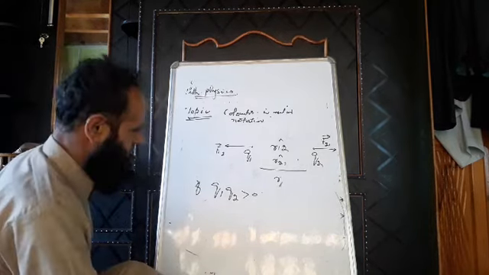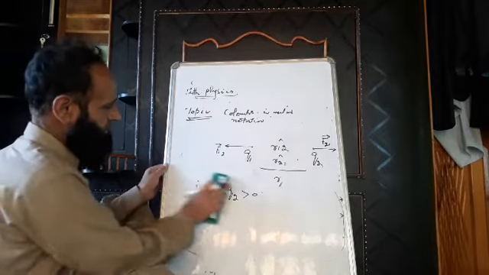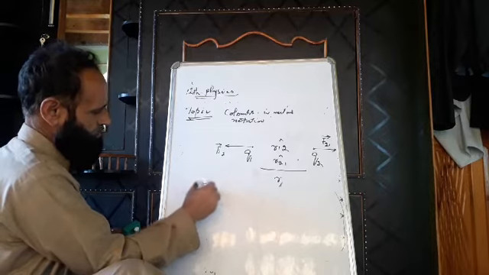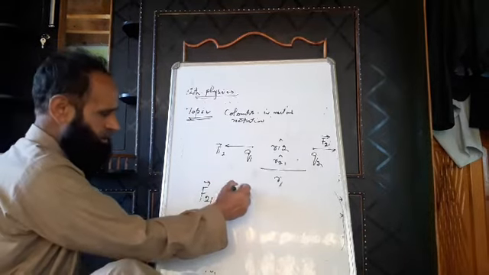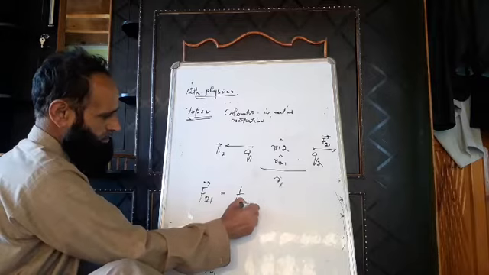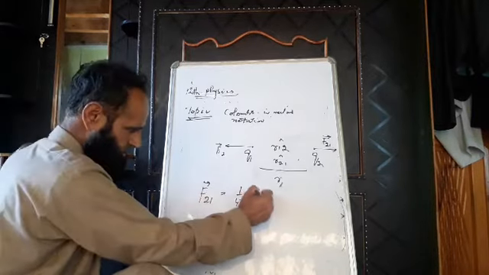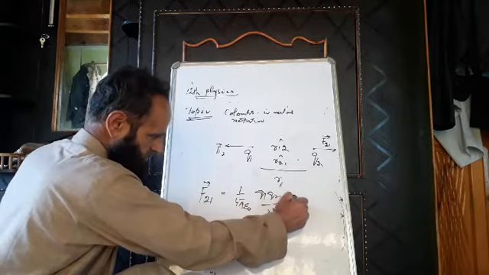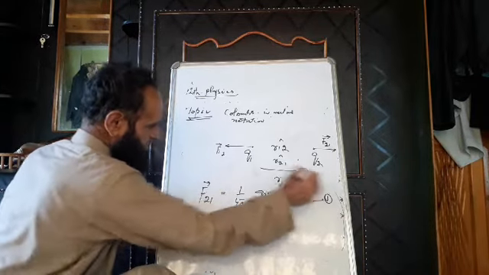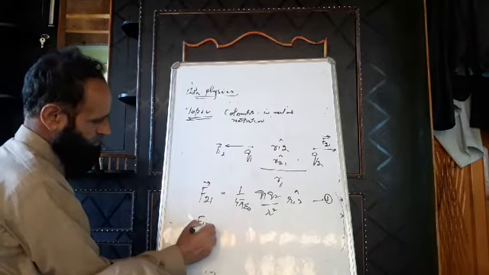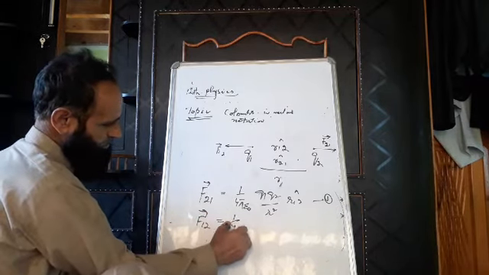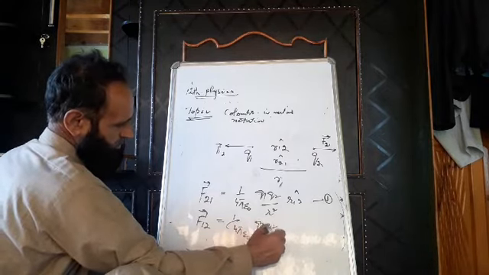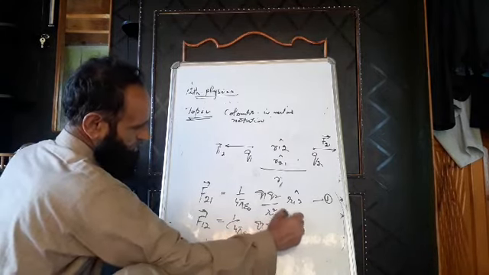Then by Coulomb's law, force F21 would be given by 1 by 4 pi epsilon naught Q1 Q2 divided by R square into unit vector R12, our first. And similarly F12 would be given by 1 by 4 pi epsilon naught Q1 Q2 divided by R square into R21.